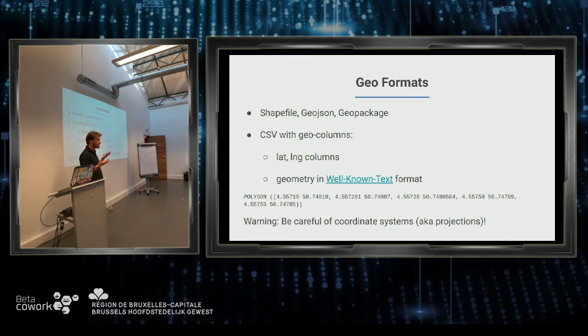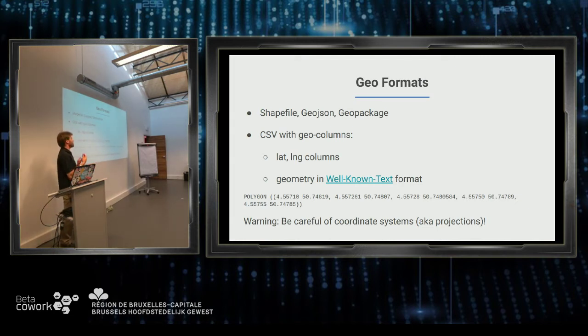These are specific names to say there's somewhere a point on a map or a polygon. But you can also do things in a very low-tech fashion, with just simple CSVs that have columns with the geo component in them, for example a latitude and a longitude. That's just two numbers, and they correspond to a position on Earth.